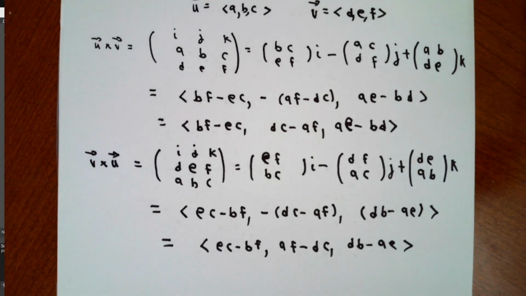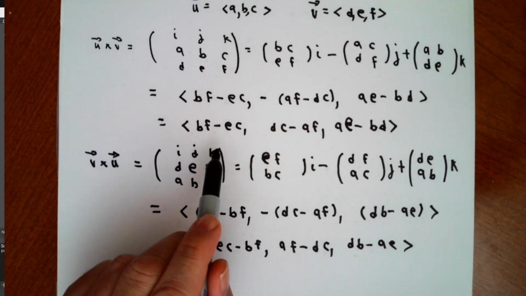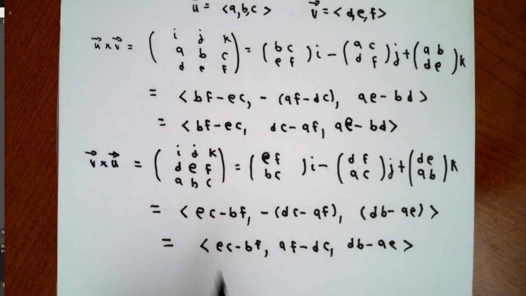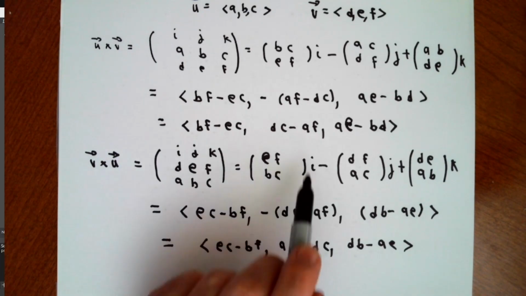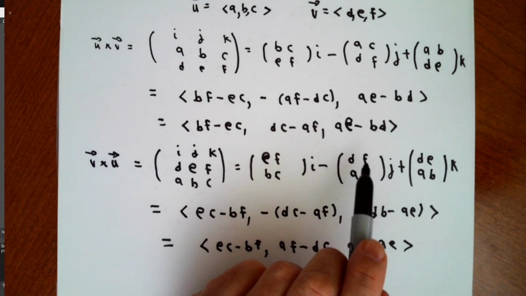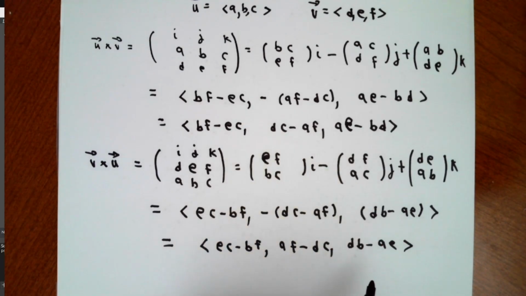If you look at U cross V, you'll see a connection. BF minus EC is the negative of EC minus BF. AF minus DC is the negative of DC minus AF. And AE minus BD is the negative of DB minus AE.